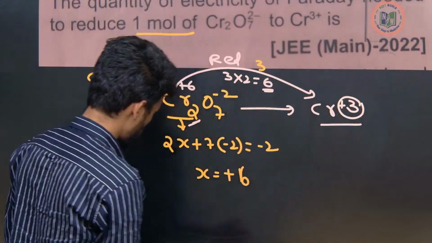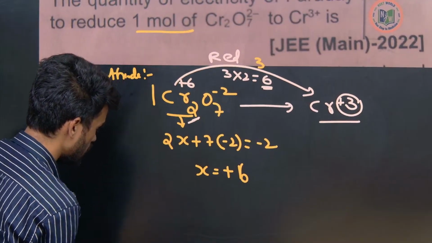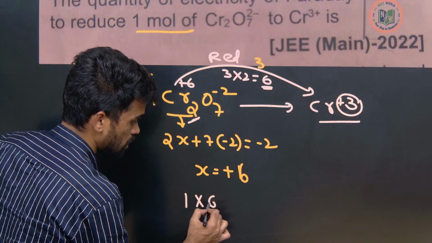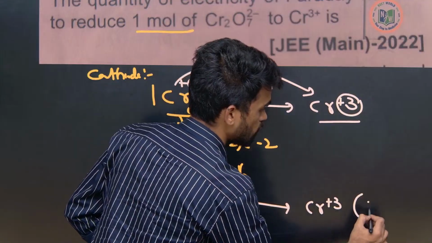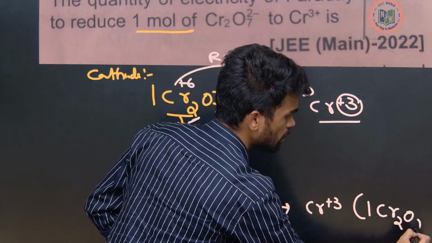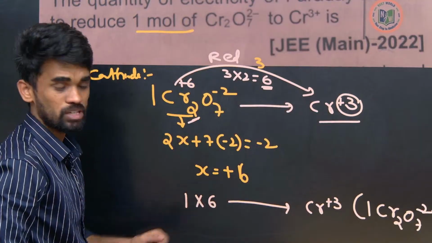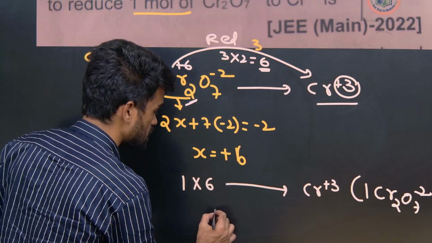So for 1 mole of dichromate, I am writing here, how many electrons? 6 electrons in order to deposit this chromium ion from 1 mole of Cr2O7. So for 1 mole we required 6 moles of electrons. We know the charge of 1 mole of electrons is 1 Faraday.